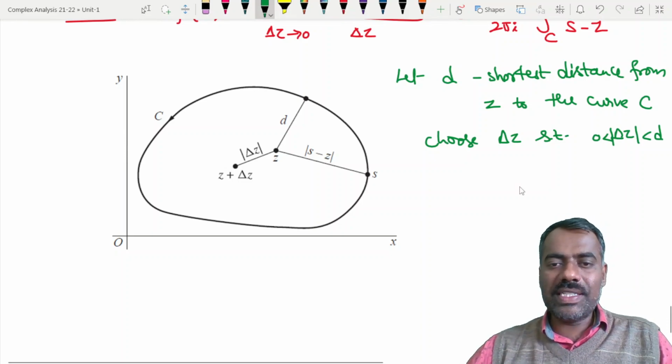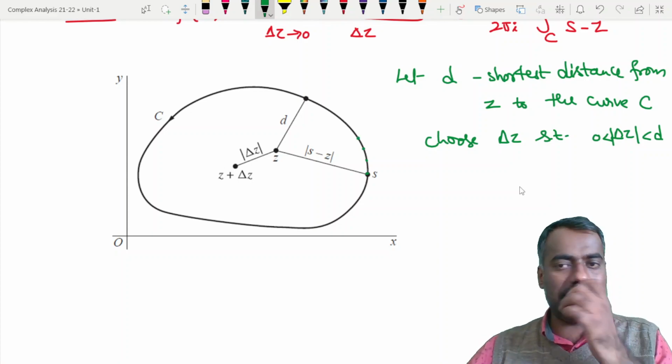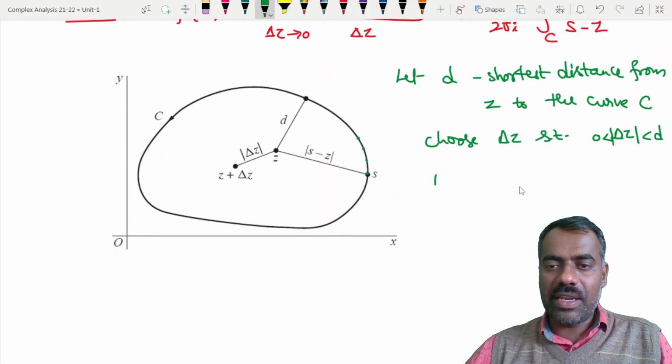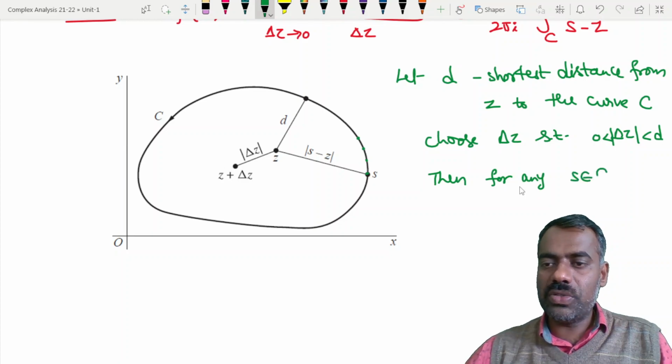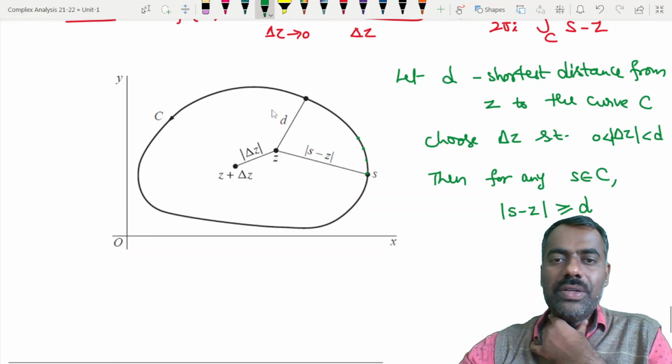Then any point on this curve is denoted by s, and this is the distance mod s minus z. Then we can observe that for any s belonging to C, the distance between s and the interior point z is always greater than or equal to d, because d is the shortest distance from z to that curve.